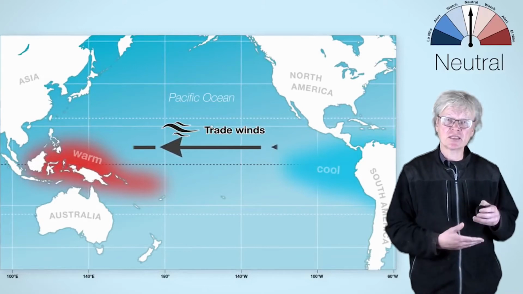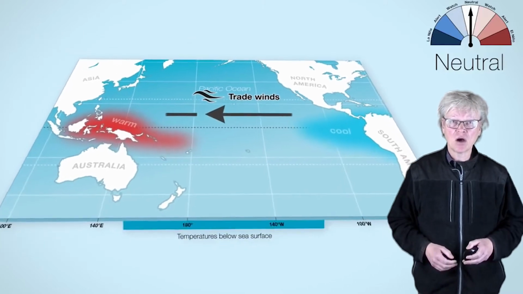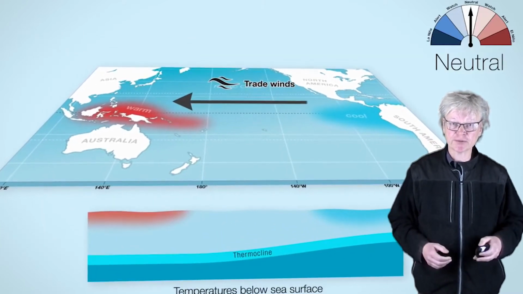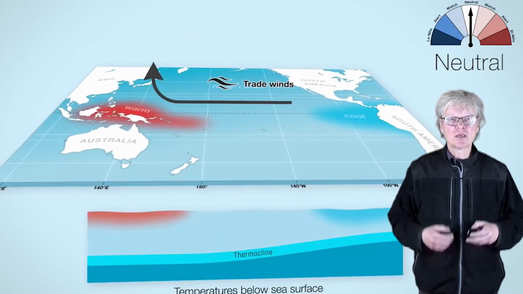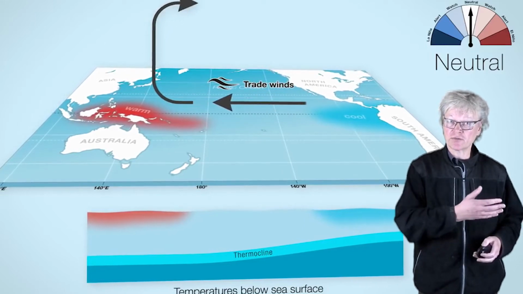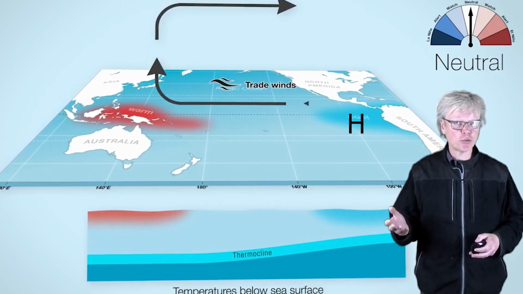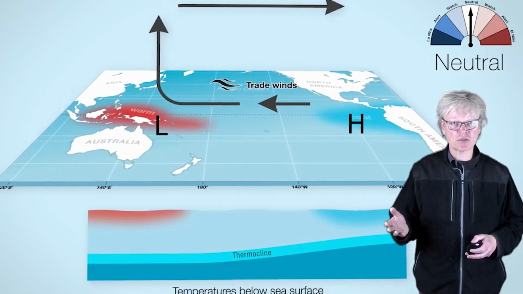You can see that in this diagram, which shows the thermocline of the Pacific Ocean. What that does is produce a high pressure cell because of the cold air off the coast of South America, and a low pressure cell off the east coast of Australia.